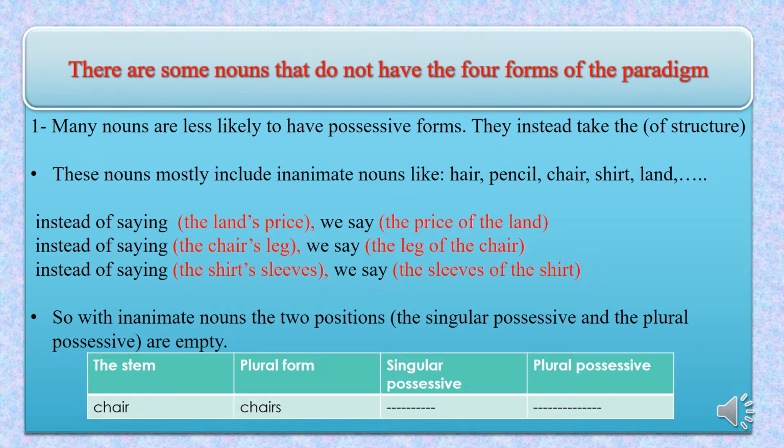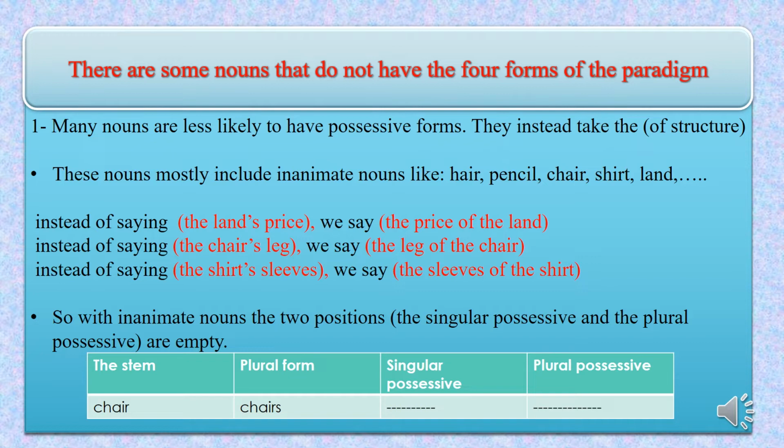So with the inanimate nouns, there are only 2 positions for these nouns in the noun paradigm: the stem and the plural form. Only the stem and the plural form, because the singular possessive and the plural possessive are empty.